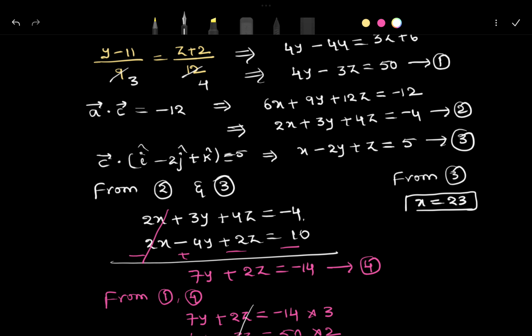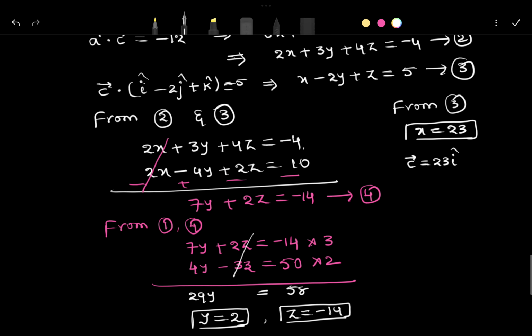So therefore c bar is equal to 23 into i cap, y is equal to 2, so plus 2 into j cap minus 14 into k cap. So this is c bar.